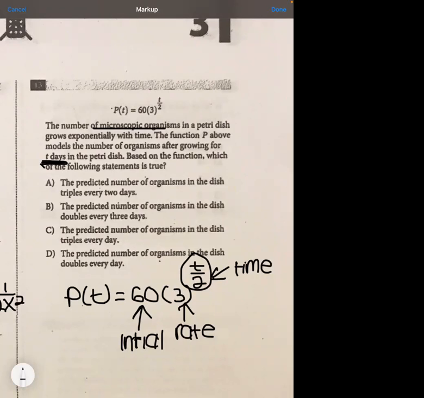I'll just post something on Google Classroom about how to graph, just in case some people don't know how to read a graph or still have some confusion about it. So it triples every 2 days.